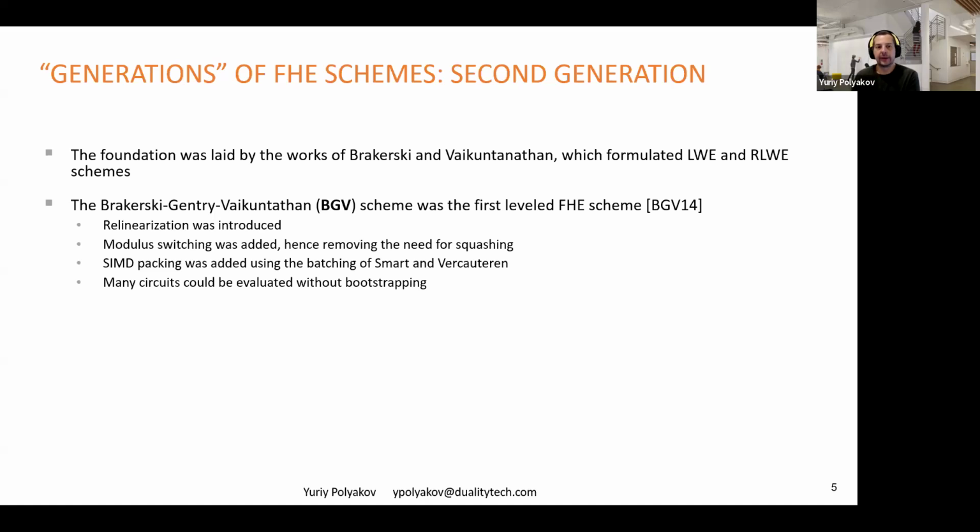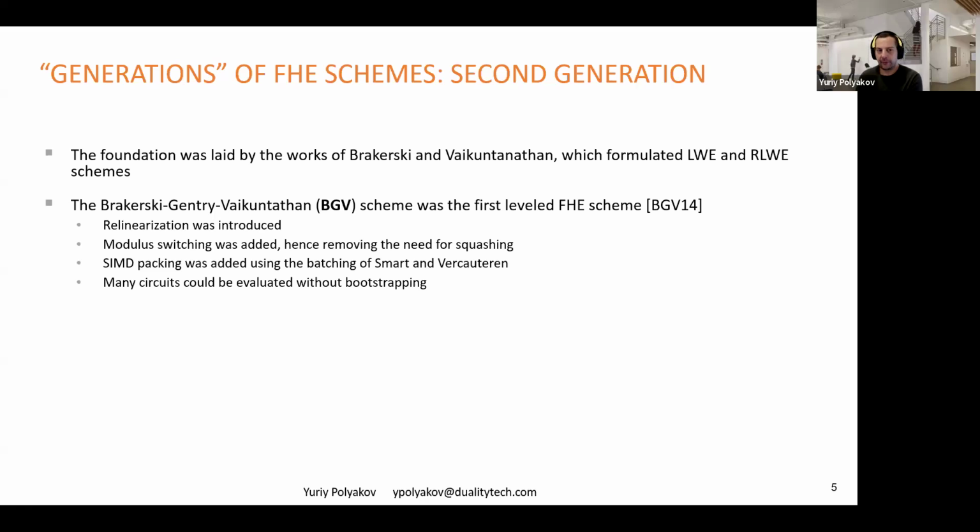And all of these ideas plus some more were incorporated in the BGV scheme. And that's still being used today. Some of the major features of this BGV scheme were relinearization. Modulus switching was added to control the noise and to have essentially more practical schemes even without bootstrapping.